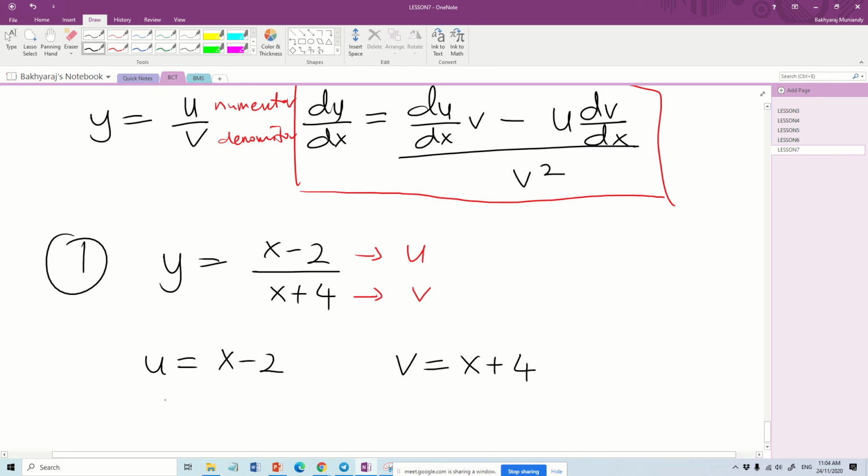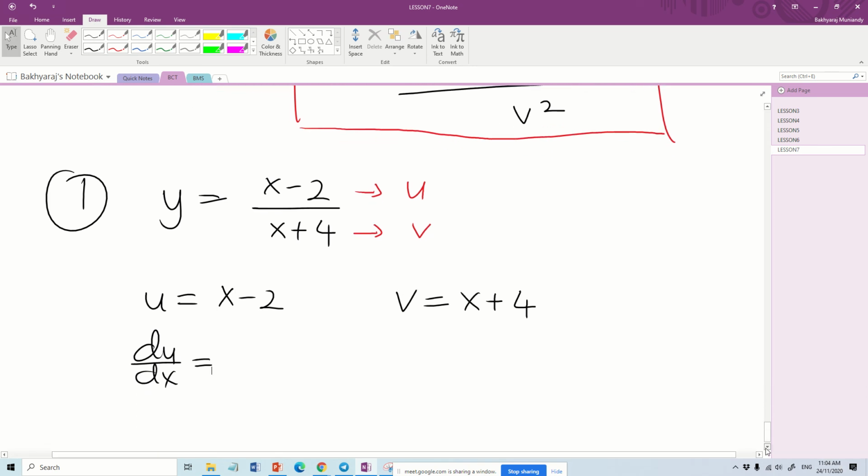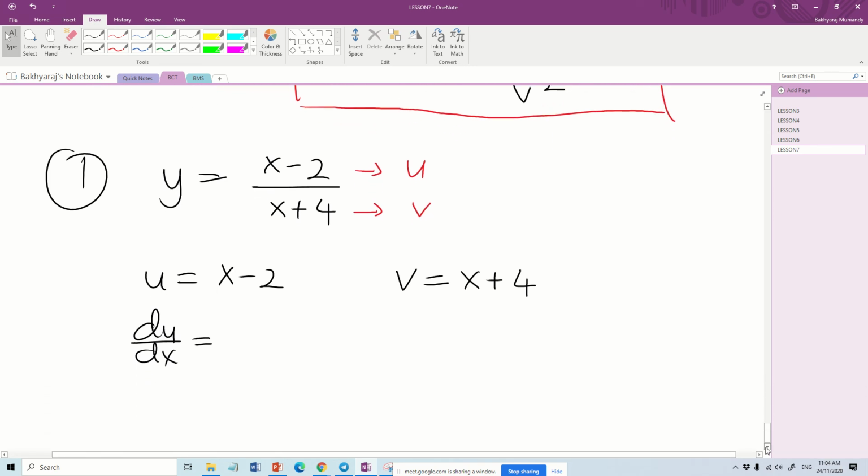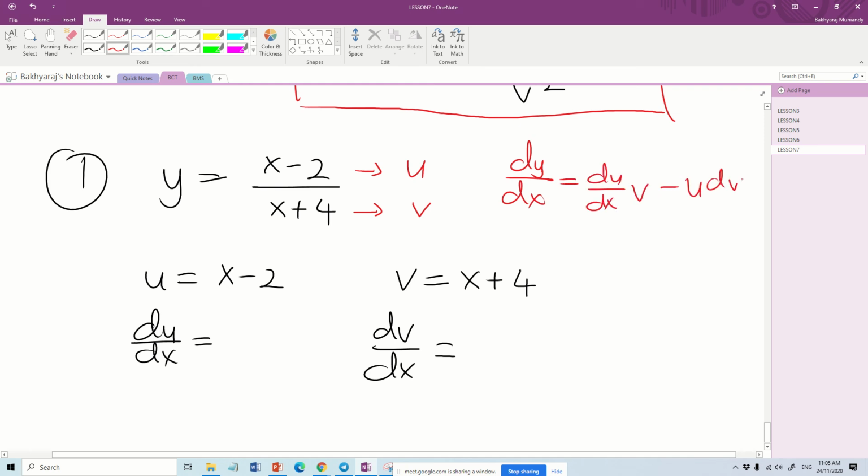Okay, so go for du dx and then dv dx. Ini saya bagi senang sikit lah. It's actually a very straightforward question. So get the formula. Formula is dy dx equal du dx v minus u dv dx over v square.